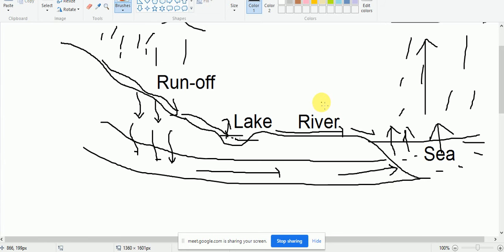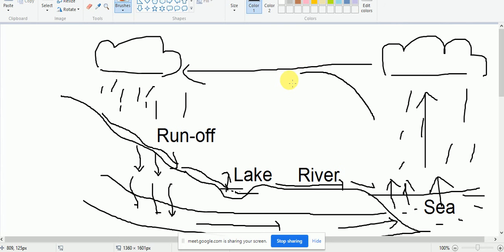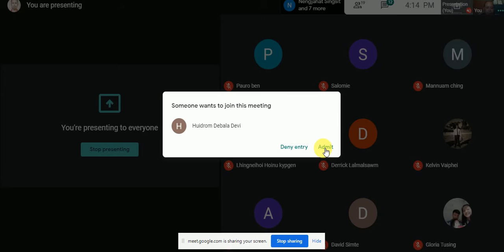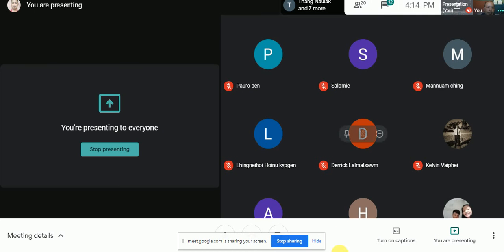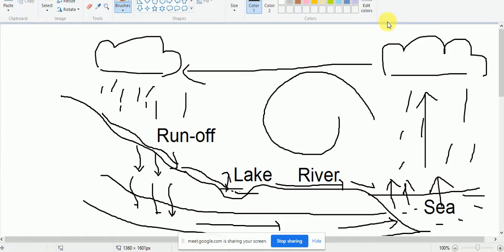So in this way it forms a cycle. Like this, from here water is evaporated, then again it is carried, then again here it is falling down, again it is flowing towards the water bodies and the sea, like this.